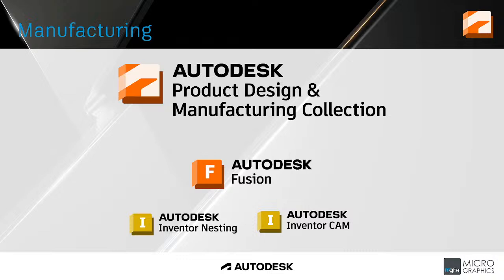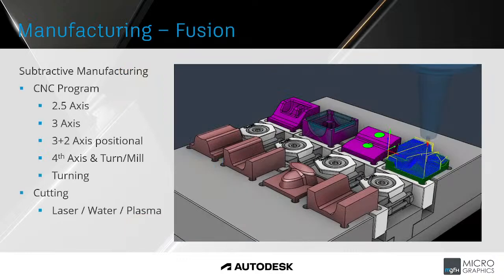Fusion is really the star of the show when it comes to make, because it also has various functions built into it for manufacturing, and it also can be expanded through extensions to include much better nesting options, much better machining options. And so having a look at Fusion within the manufacturing workspace, we have subtractive manufacturing.